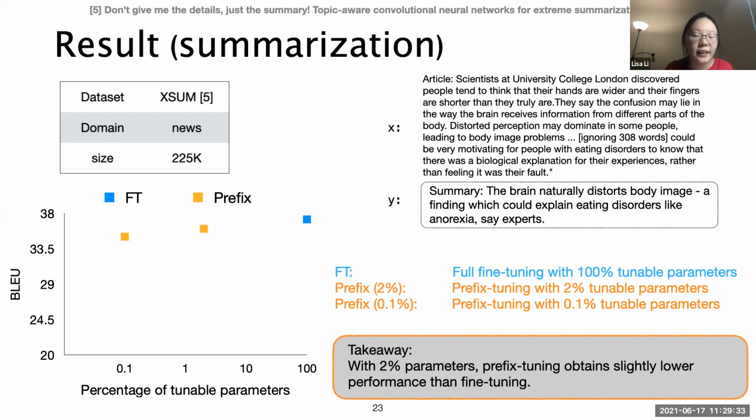Summarization requires the encoder to extract key content from a very long document, and we think that with prefix tuning, the encoder is the bottleneck here. So the takeaway is that with 2% parameters, prefix tuning obtains slightly worse performance than fine-tuning. This might be an expressivity issue because we are only allowing updates to the prefix parameters.